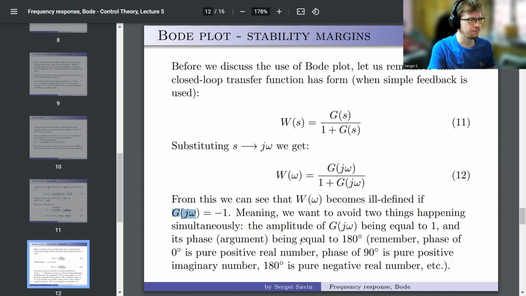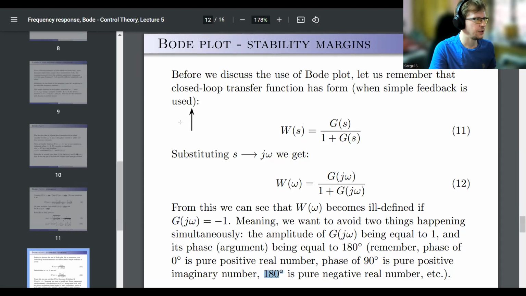Okay. So on the complex plane, 0 degrees represents a purely real number, 90 degrees represents a purely imaginary number, and 180 degrees a purely negative real number. Just to quickly illustrate, on the complex plane, we have purely real numbers here, and the phase is 0.